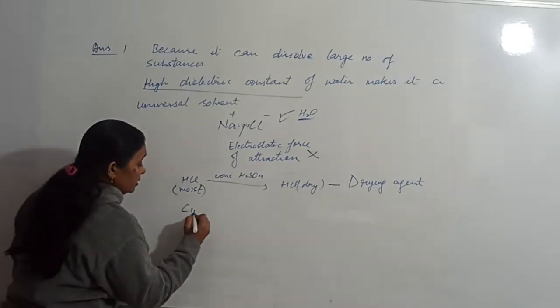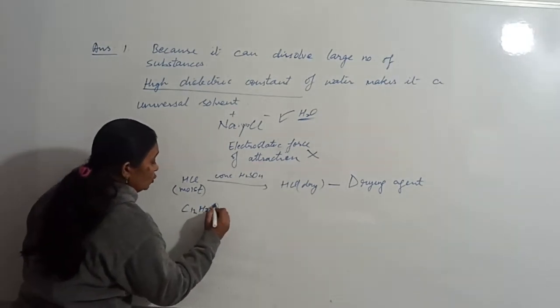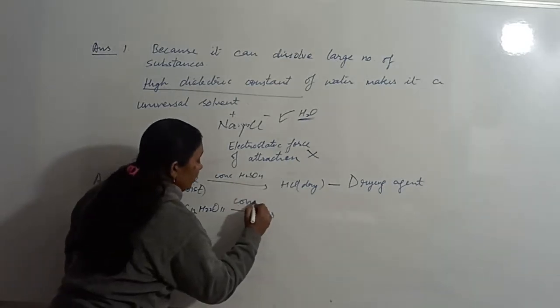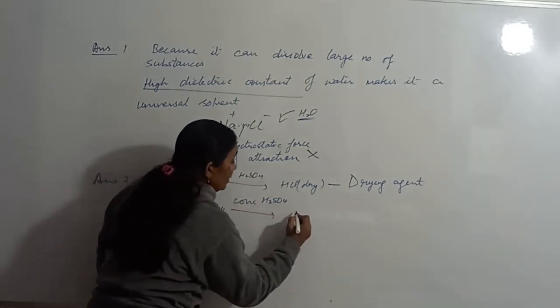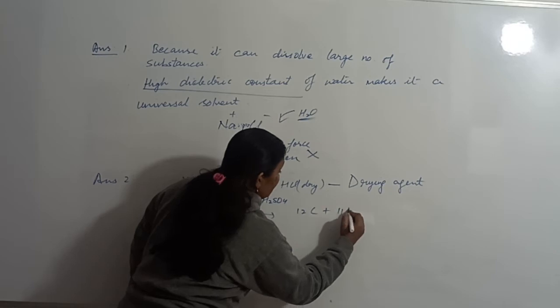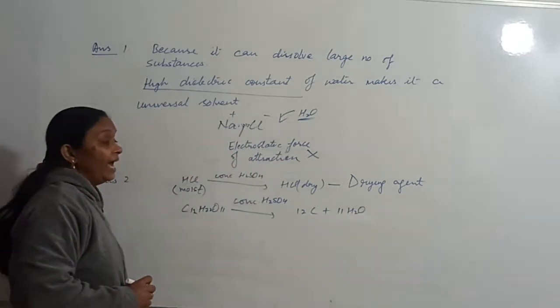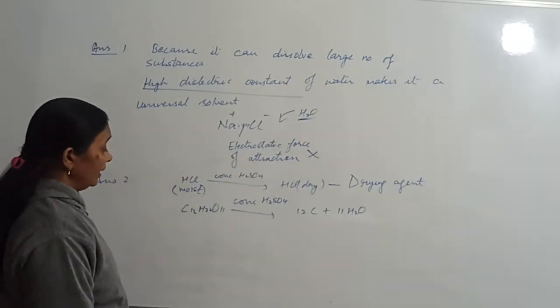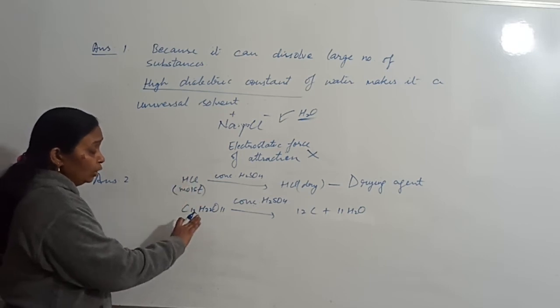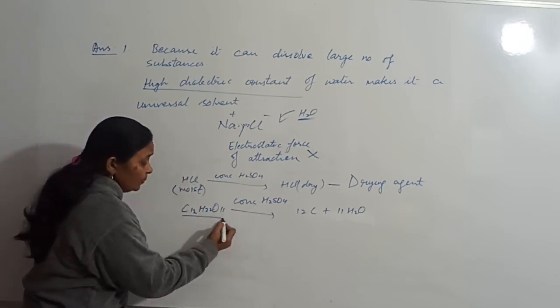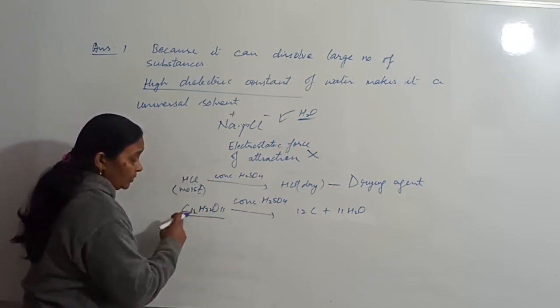Another process, C12H22O11, where concentrated H2SO4 acts as another substance which is known as a dehydrating agent. Dehydration means removal of water which is present in the chemical composition of the compound.